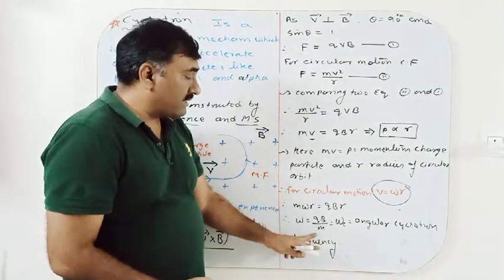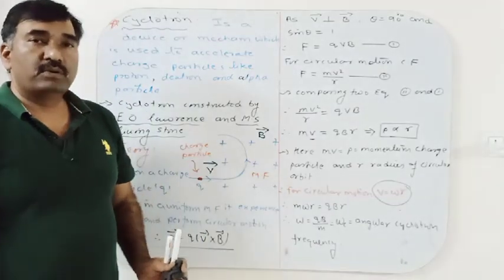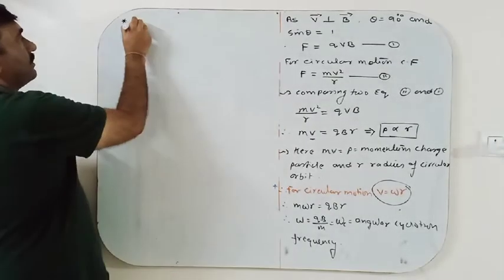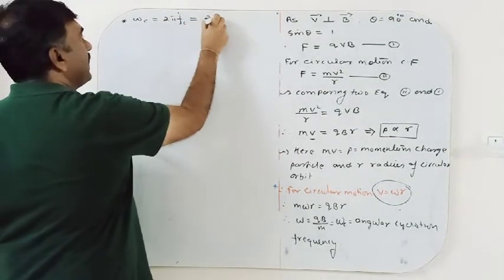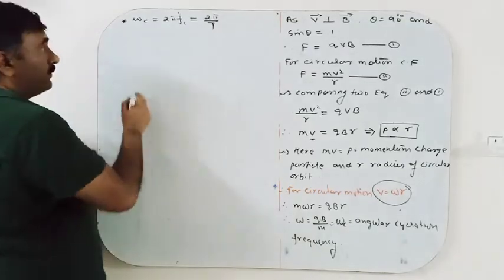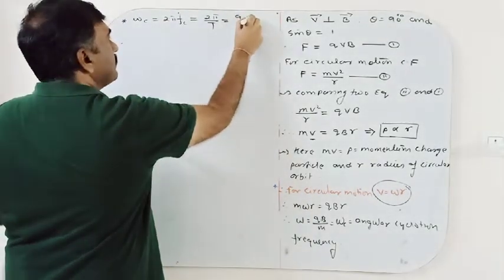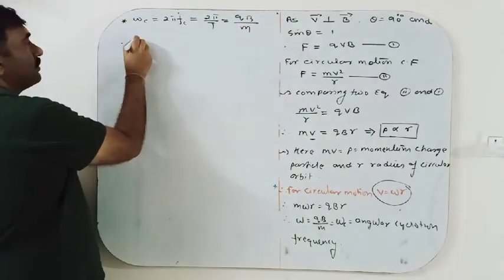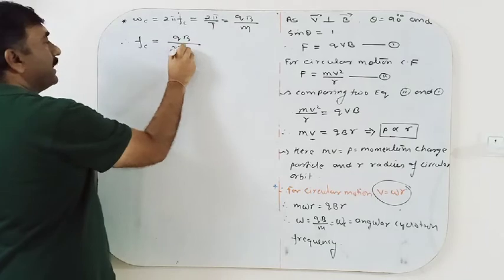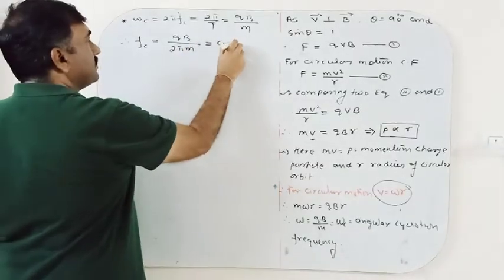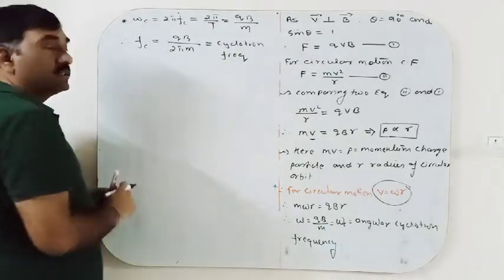This frequency does not depend on r and v. We know that omega c is equal to 2 pi fc, or 2 pi by T, and this is equal to qB divided by m. So fc becomes qB divided by 2 pi m, called the cyclotron frequency.